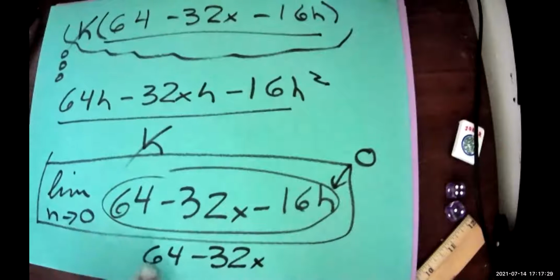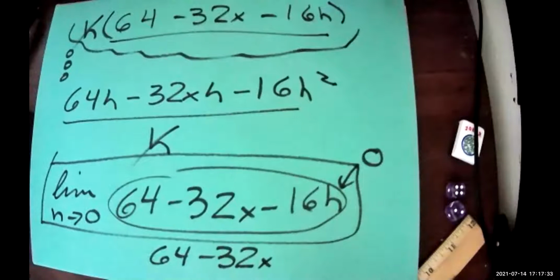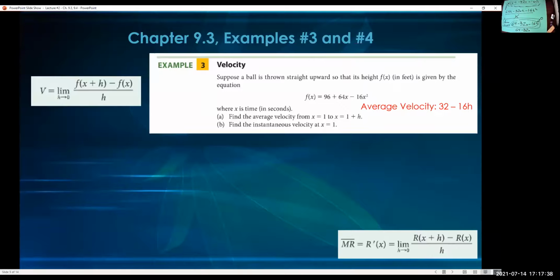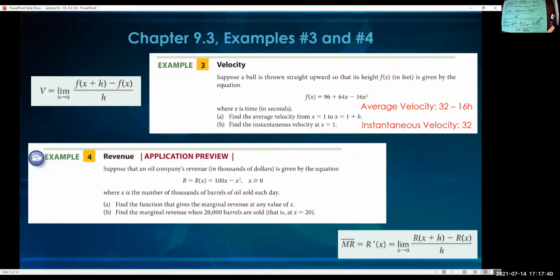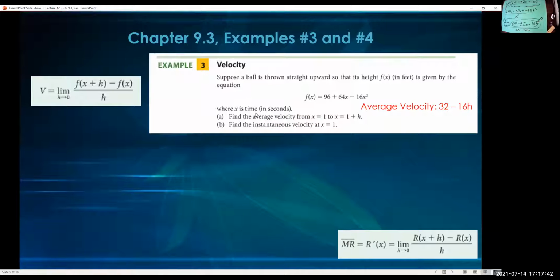So what is the velocity? It's 64 minus 32x. Now take a look at the answers. First, the average velocity is the numerator from before. If we take the quantity 1 and put 1 in, let's go back and find, we put x equals 1 in.